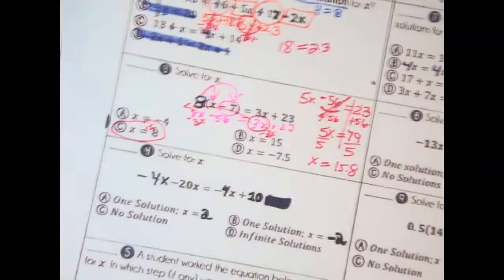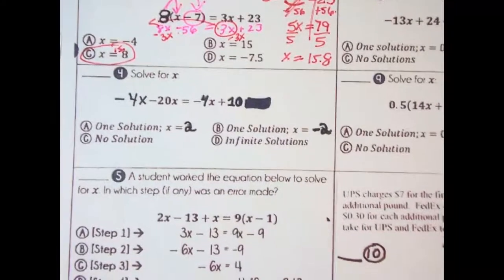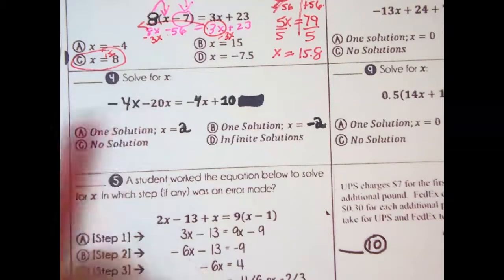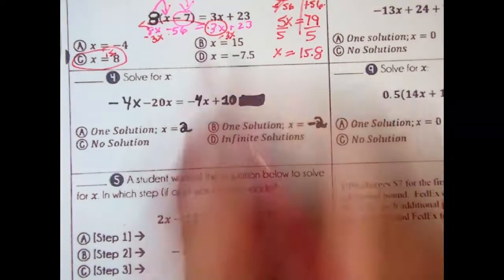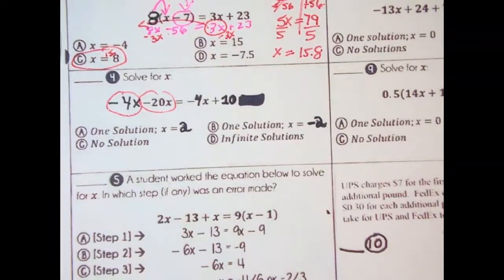All right, let's go on to number 4. So from here, number 4, we're solving again. So what I have to do is, it looks like there is no distributive property, but I notice over here I've got 2 x terms, so I can combine like terms.